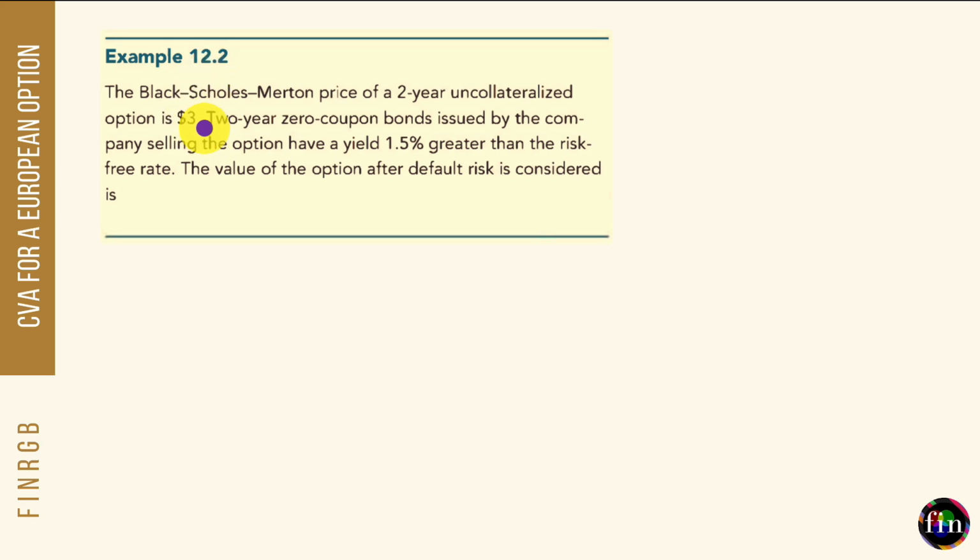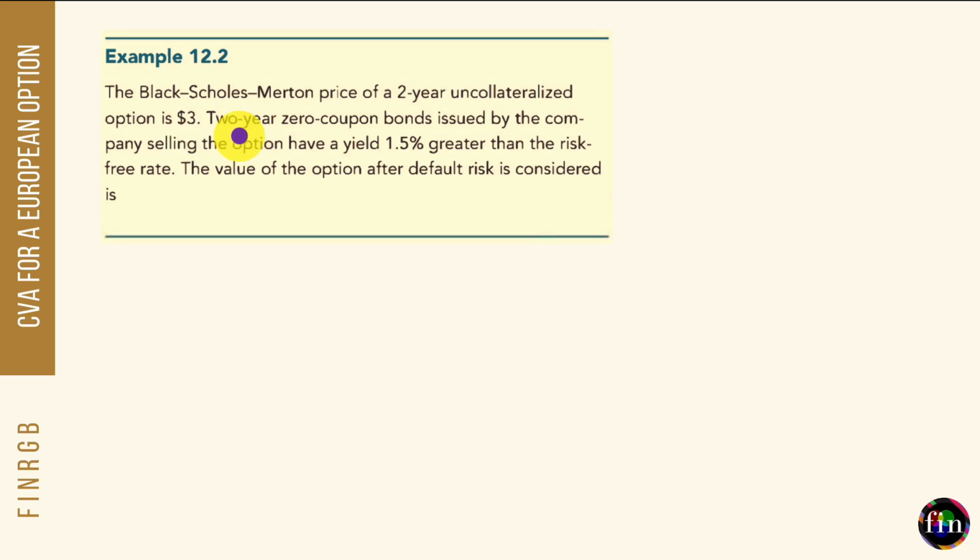Okay? As per this solved example, it's given to us that we have purchased, let's say, a 2-year uncollateralized option, which can be, let's say, a European call option from a counterparty, and using the Black-Scholes-Merton model, the price of this 2-year uncollateralized option has been obtained to be $3.